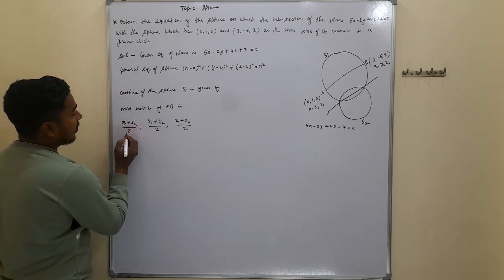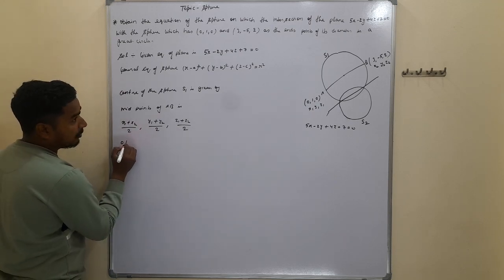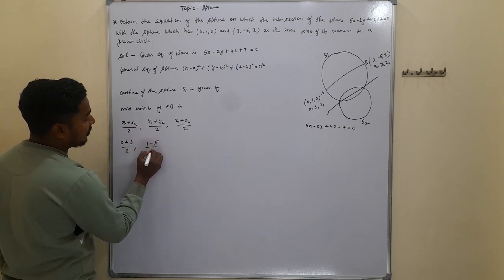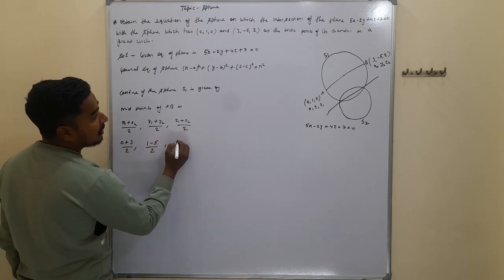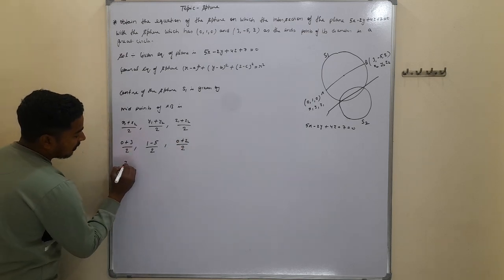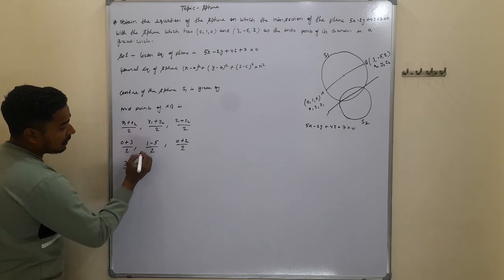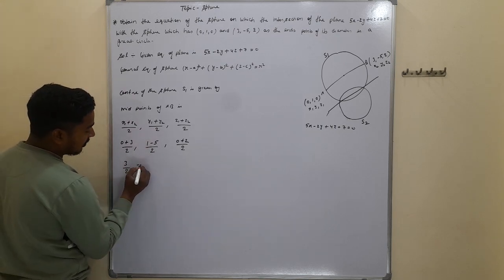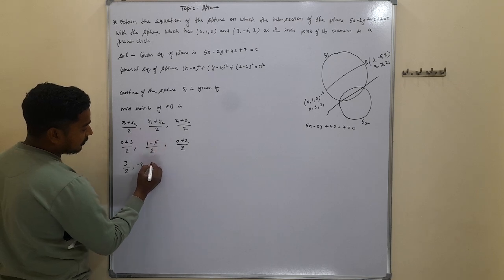This is (0 plus 3) by 2, (1 minus 5) upon 2, and (0 plus 2) upon 2. We get 3 by 2 comma minus 4 by 2, this is minus 2, and here is 1.